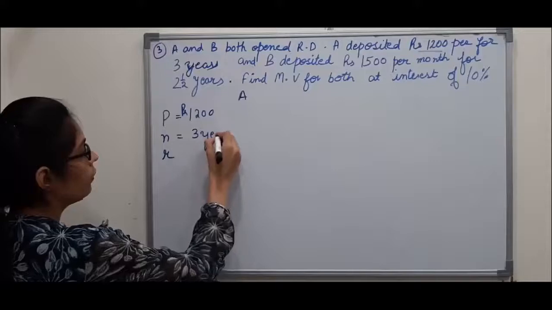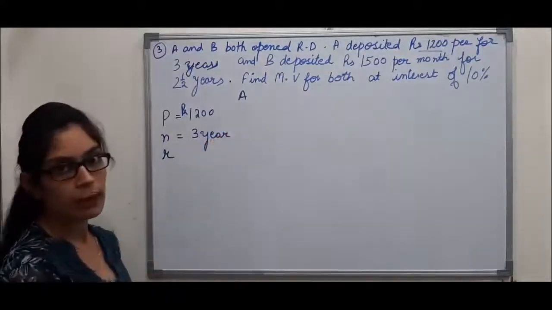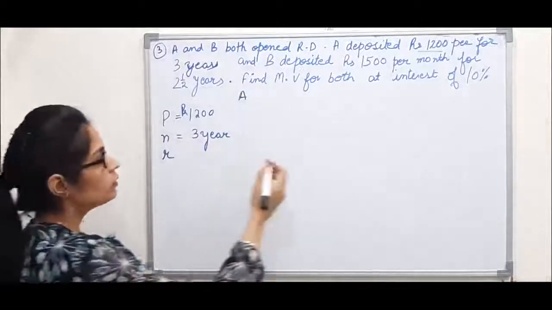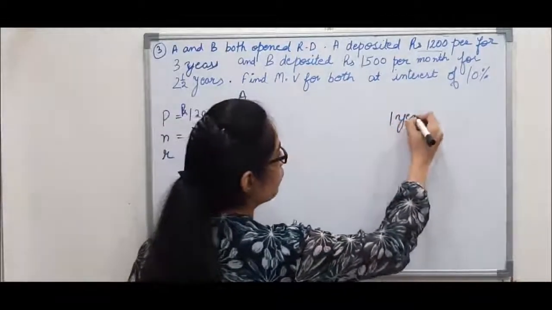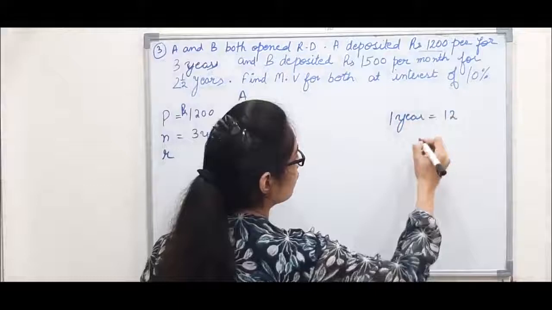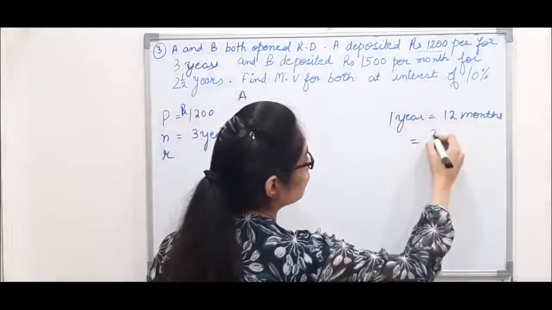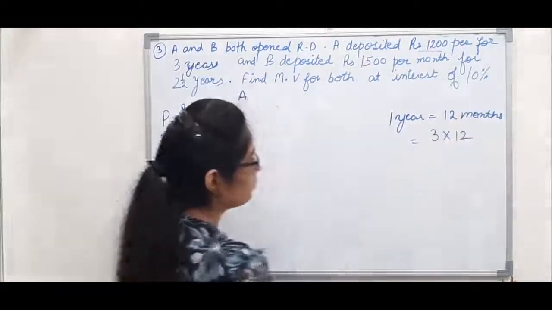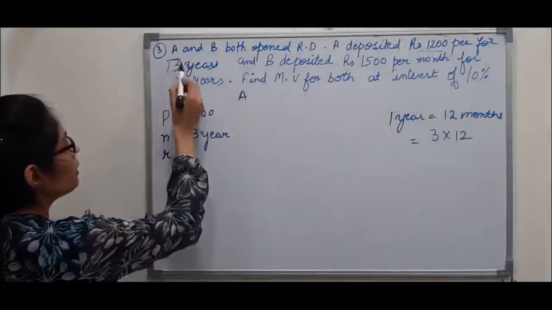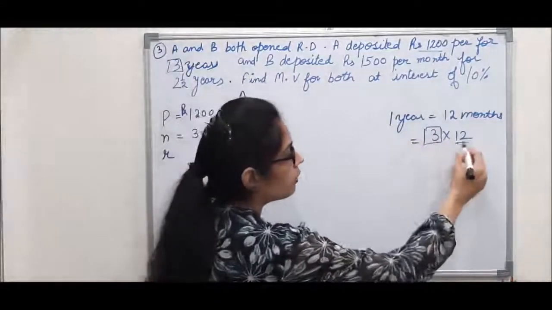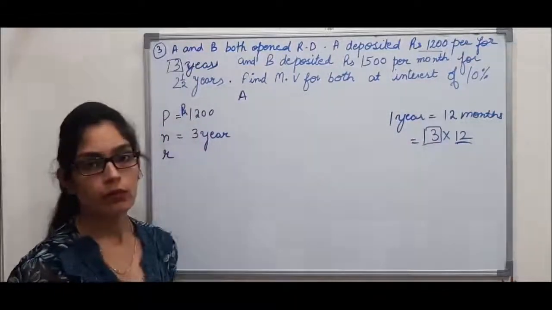I told you here every time you have to take time as number of months, not years. So 1 year is equal to 12 months, so 3 years will be equal to 3 into 12. Whichever number of years they are telling, you just have to multiply that number with 12 to convert years into months.